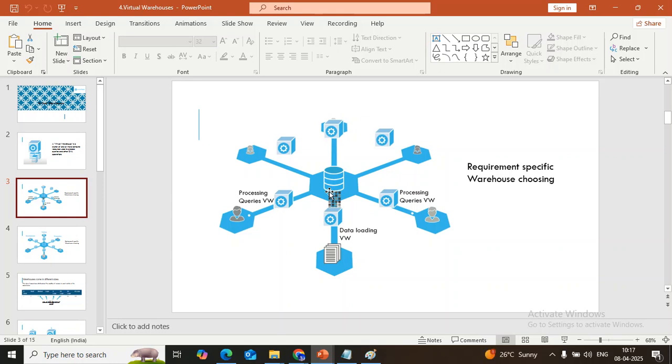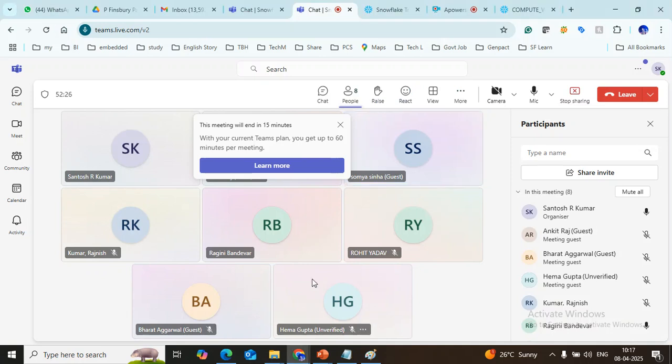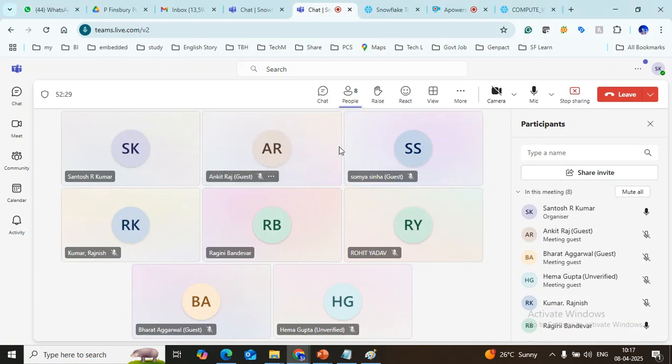Okay. Got it? Yes. Everyone is getting it? Guys, if you don't tell me, I'm not going to know, so please tell me whether you are getting it or not. Ankit, I am getting.